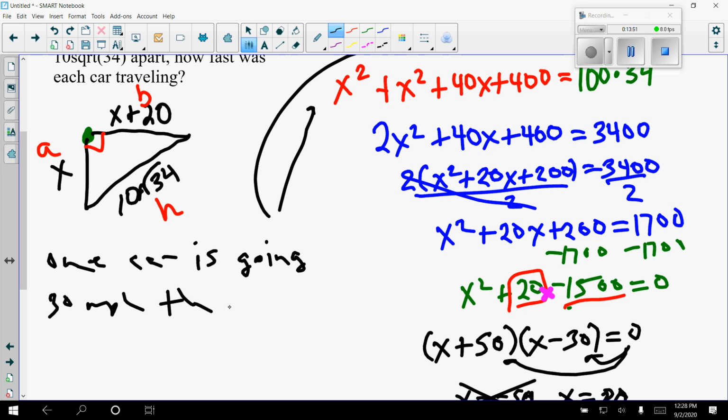The other, and I really apologize for this, is going 50. I promise I'm writing neater than it's showing, 50 miles per hour. So, if that didn't make any sense, don't worry about it. Just a little kind of enrichment problem there. Hopefully that helps with the Pythagorean theorem word problems.